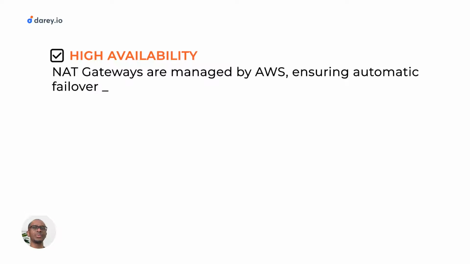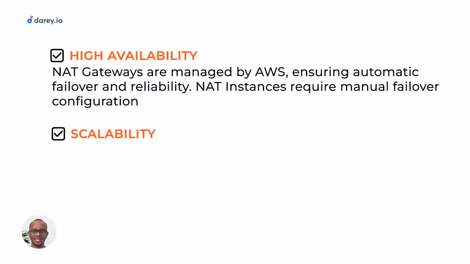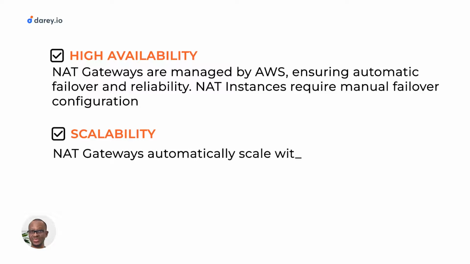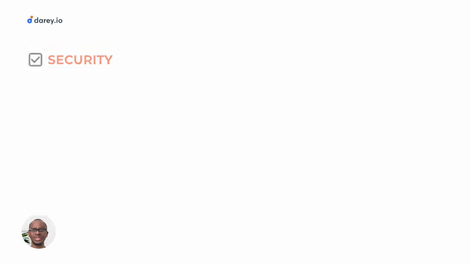High availability. NAT gateways are managed by AWS, ensuring automatic failover and reliability. NAT instances require manual failover configuration. Scalability. NAT gateways automatically scale with traffic demands, while NAT instances require manual scaling if traffic increases. Security.